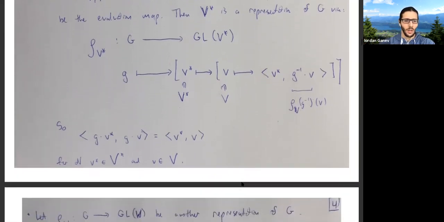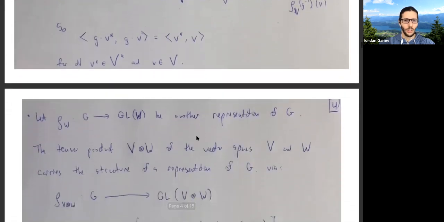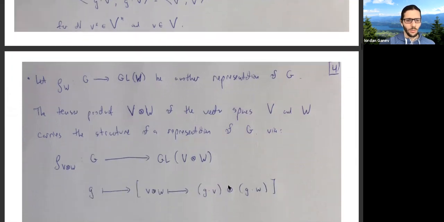Another thing we need as part of the setup is that if we have another representation of G, let's call it W, then the tensor product V tensor W of these two vector spaces also carries the structure of a representation of G. So how does this work? Well, if you have a little g, how does it act on the tensor product? It takes the simple tensor little v tensor little w to another simple tensor, produced by g acting on v and g acting on w.